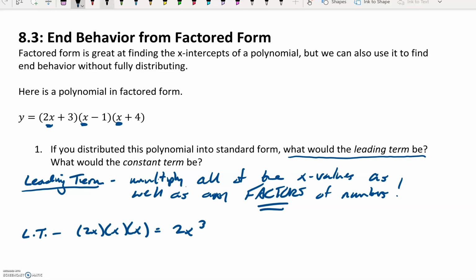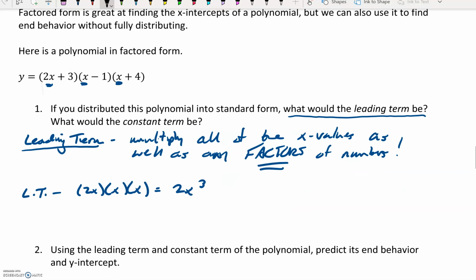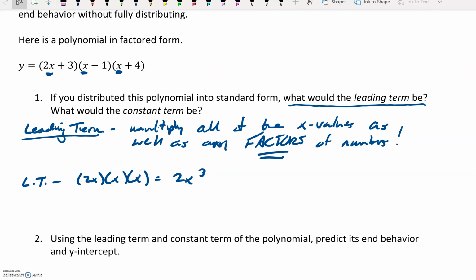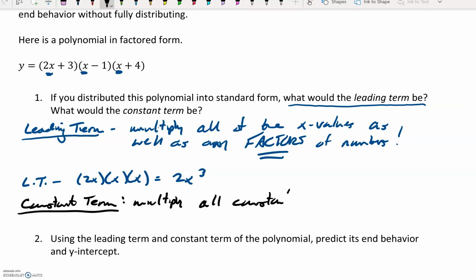Now what I want to do is figure out what is the constant here. So to find the constant term, we're going to multiply all constants. That means every single number that we see without an x, we're going to multiply it together.